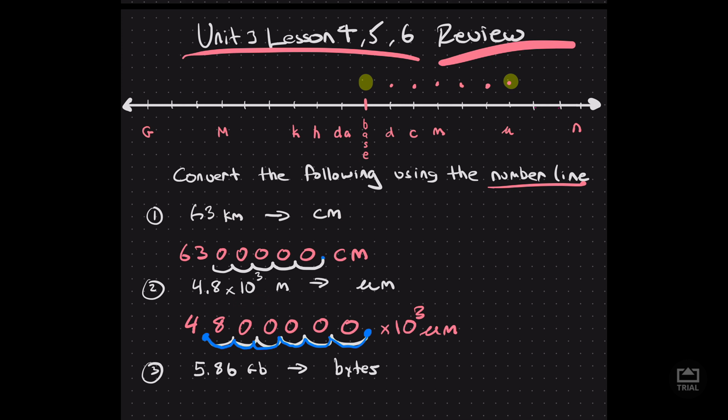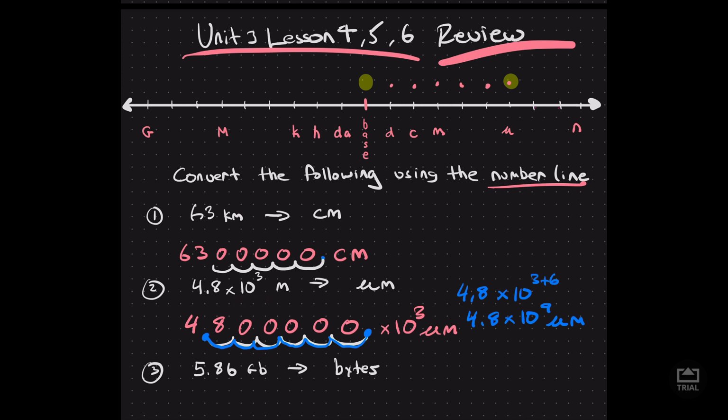So that's going to be 4.8. Now we had times 10 to the 3 before, but because I moved the decimal 6 times to the left, I'm going to add 6 to that number. So what we end up with is 4.8 times 10 to the 9. And again, don't forget the units, which are micrometers.